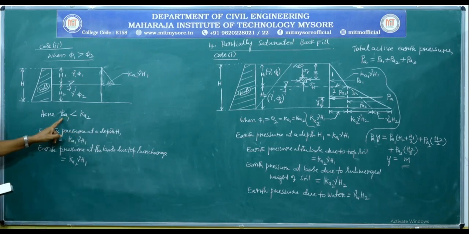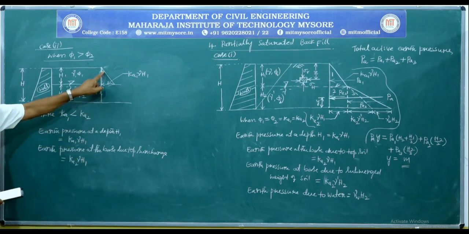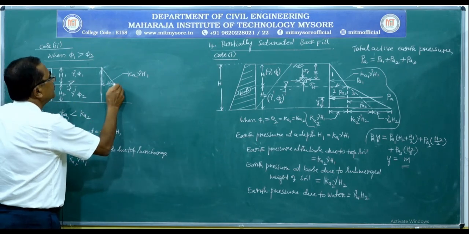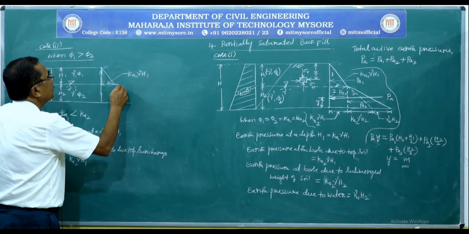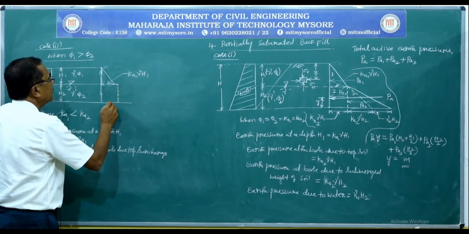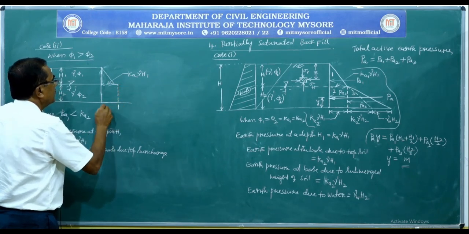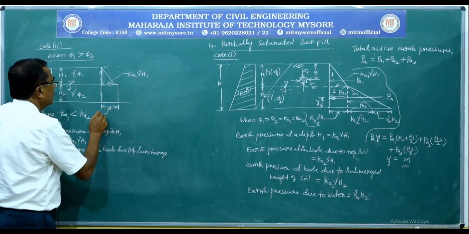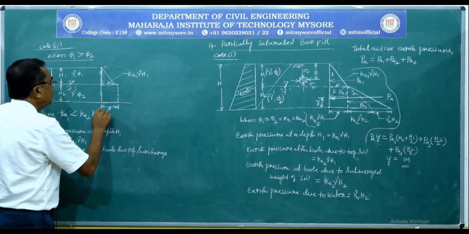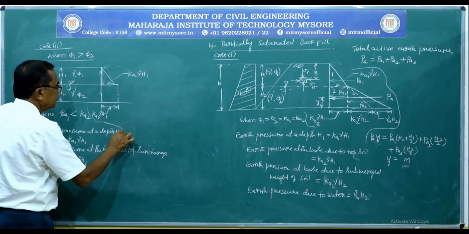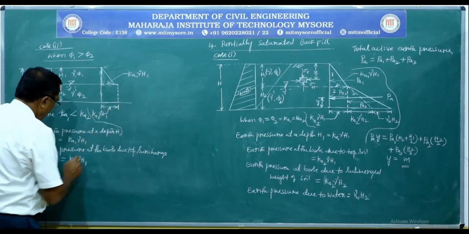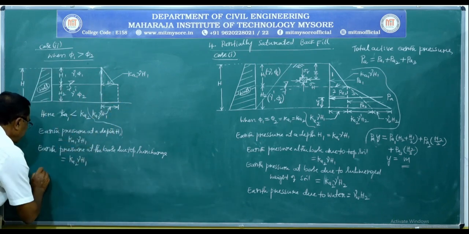Earth pressure due to surcharge will be more here at the base, so this will be a little more, and this is Ka2 into gamma into H1. Next, earth pressure at the base due to submerged soil.